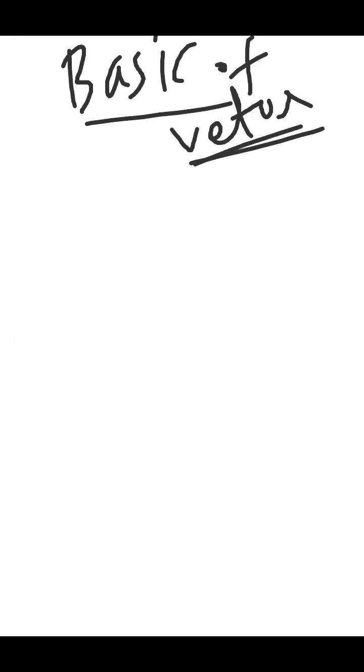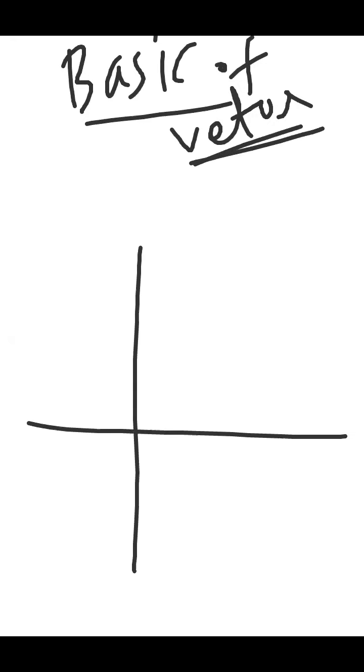Next, basics of vectors. Okay, say this is the axis, this is the axis. These axes can generally be called with unit vectors. Say this is x cap and this is y cap.